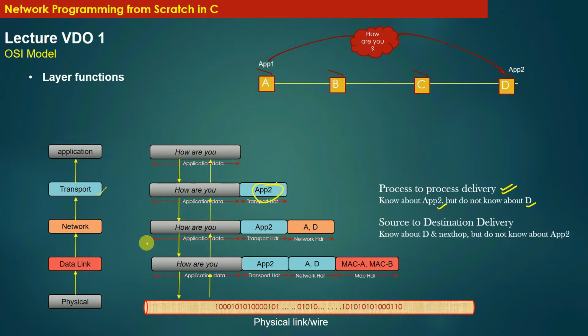Similarly, the role of the network layer is to deliver the data packet from source machine to destination machine.